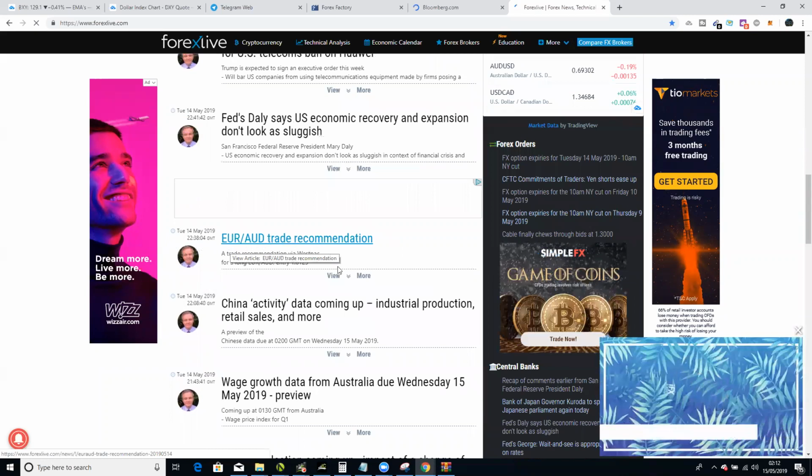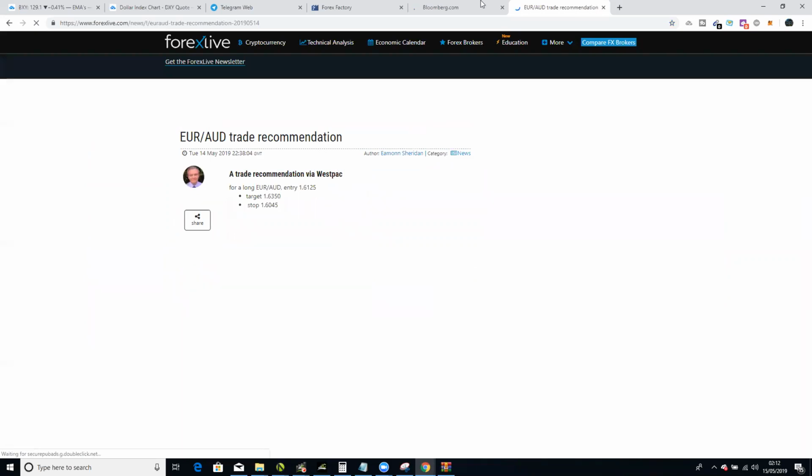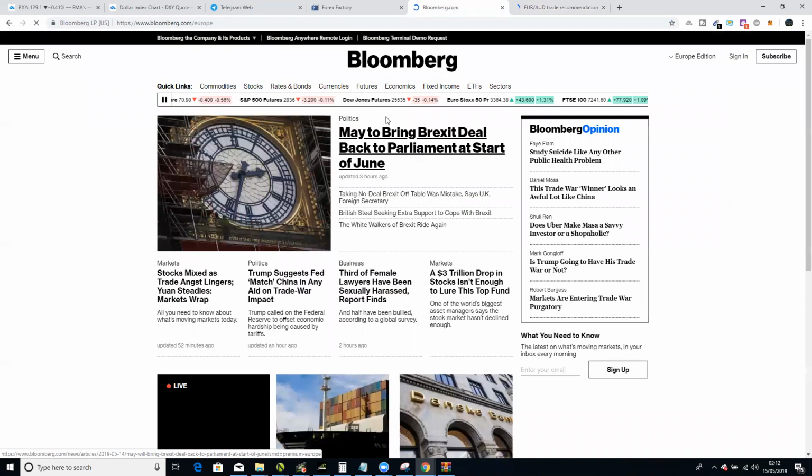Euro AUD trade recommendation, and also things like that are coming up. So May to bring Brexit deal back to Parliament start of June. That is one particular case that's affecting the pound. So I think we kind of have an overview of what is going on in the market.